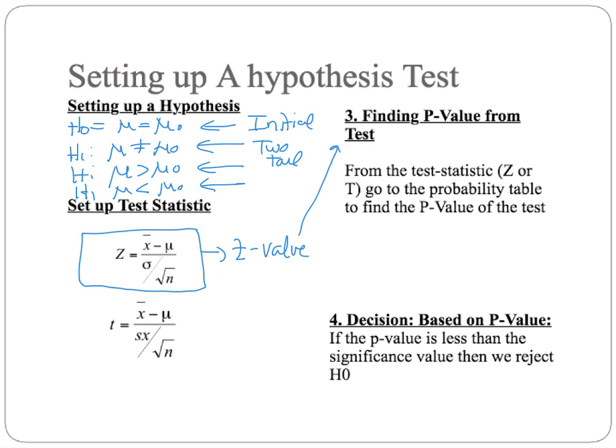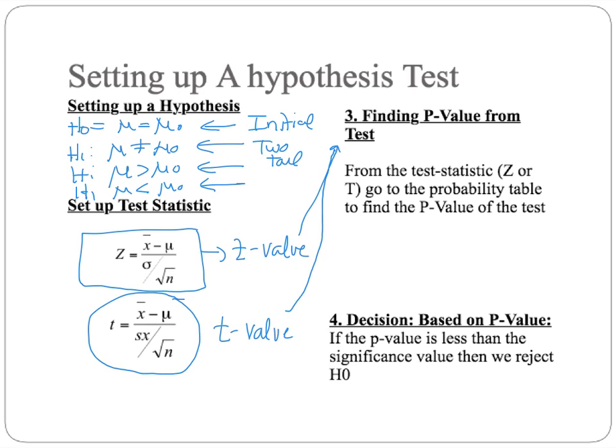Again, if we don't know sigma, we have to calculate both x bar and s from the sample. We get what's called a t-value. And again, we go to finding the p-value from the test.